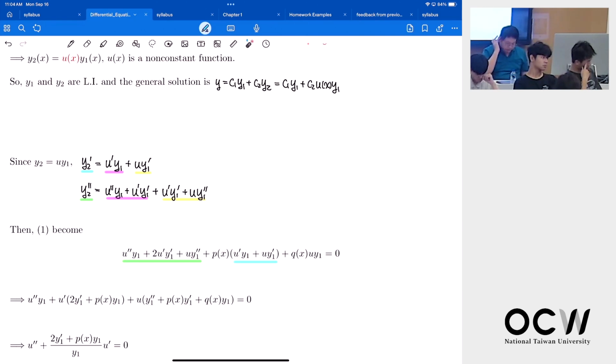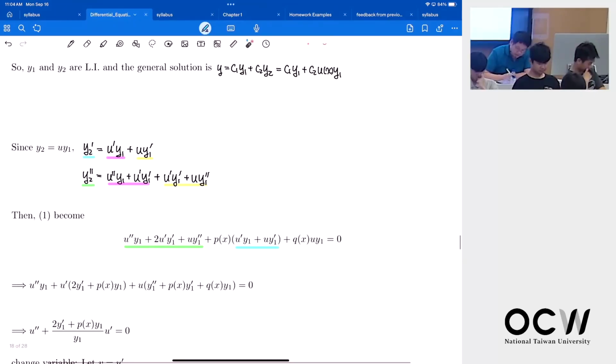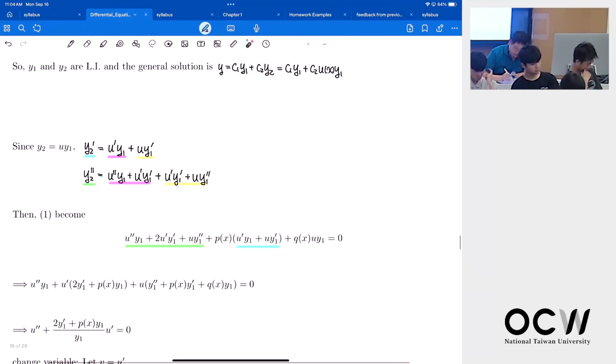Let's also rearrange that. Since we have u double prime and u, we put everything related to u double prime together here, and everything related to u here.